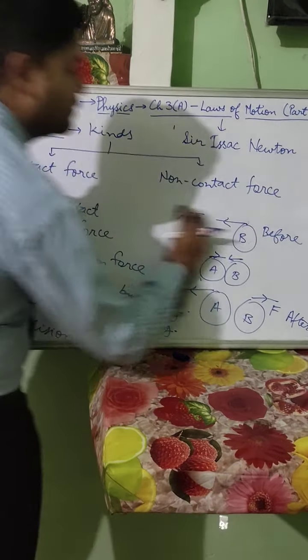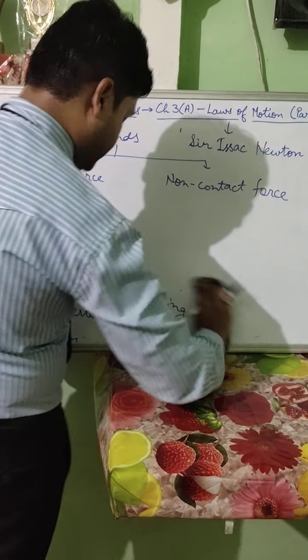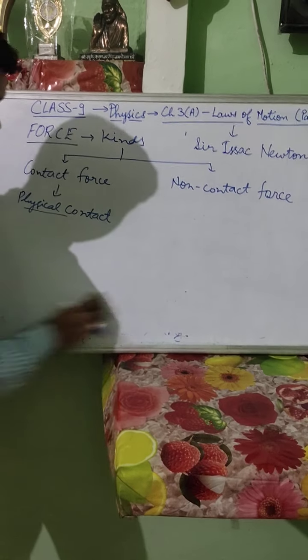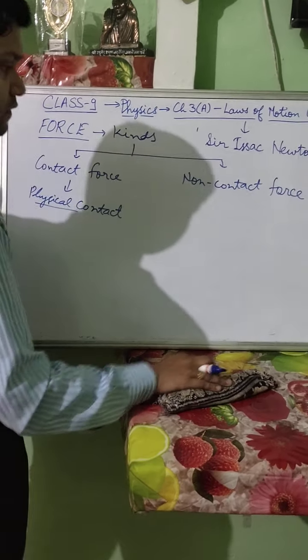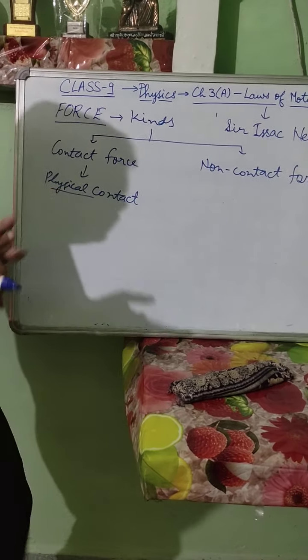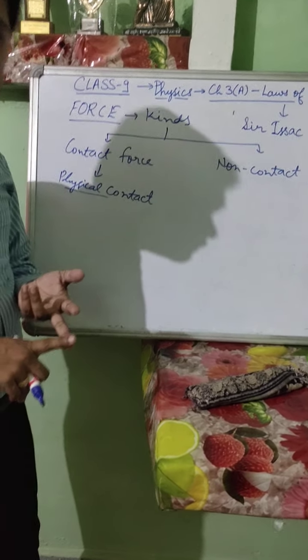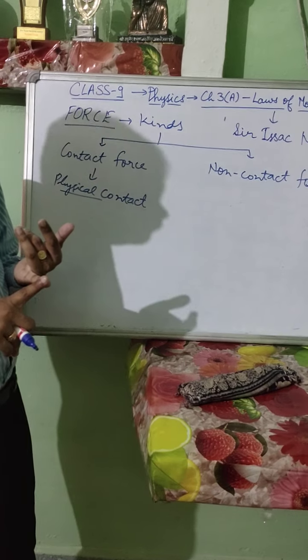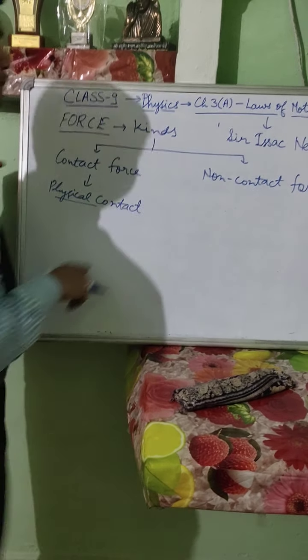Now, we are going to discuss non-contact forces. These are 5 types of contact forces, which were normal reaction force, frictional force, force exerted through string, force due to collision, and tension force due to spring.